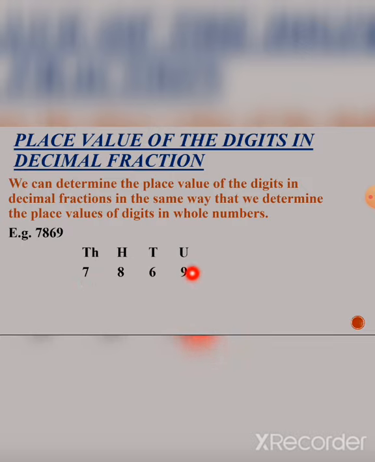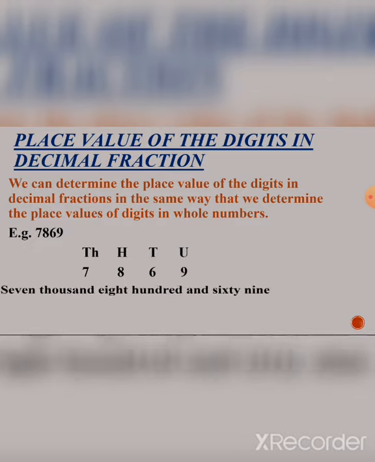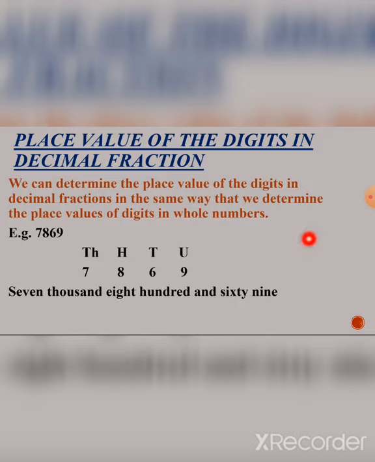So students, the place value is unit, 10, 100 and 1000. As you all know students, we are supposed to write the place value from the unit place. So the whole number becomes as 7869. Can you see students? This is the way we give the place value to a number.